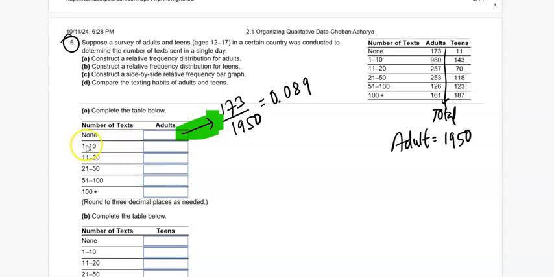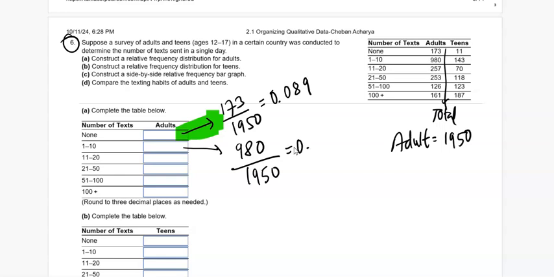Similarly, the relative frequency of the adults who sent 1 to 10 text messages in the single day: you divide 980, which is the number of adults who sent texts between 1 and 10, by the total number of adults, 1950.